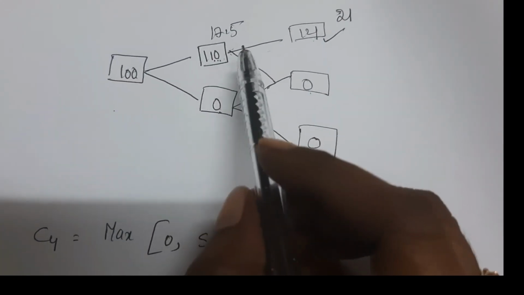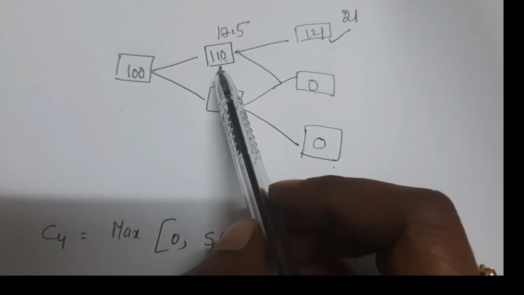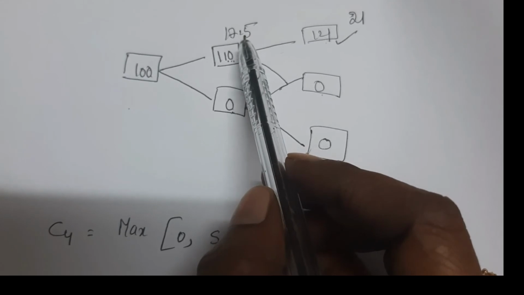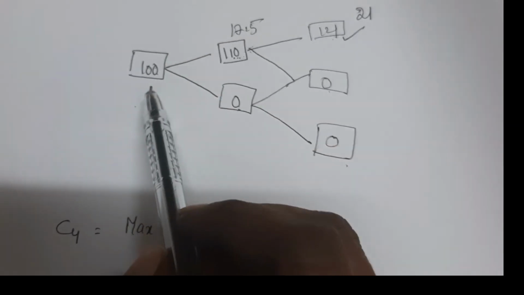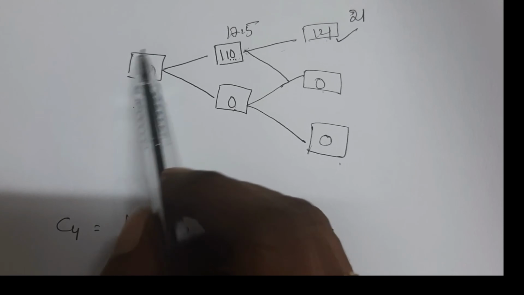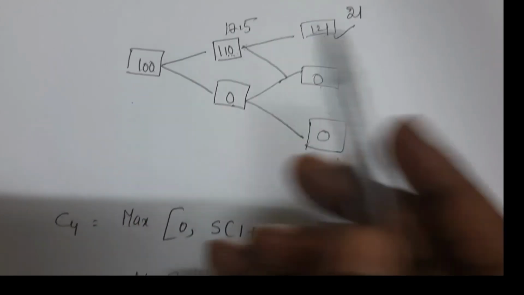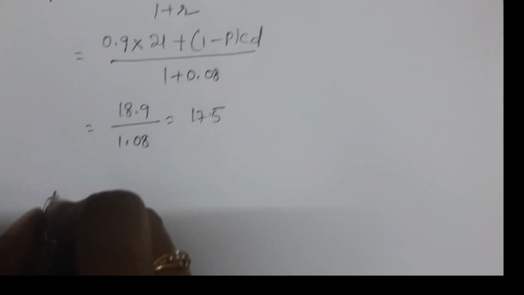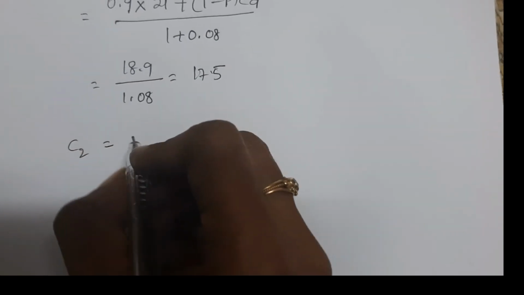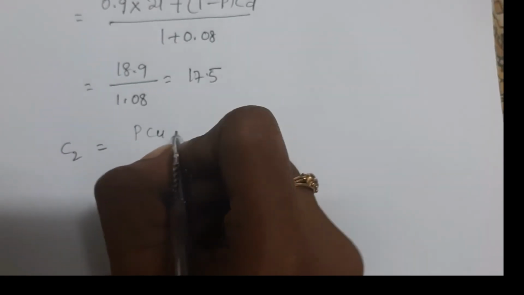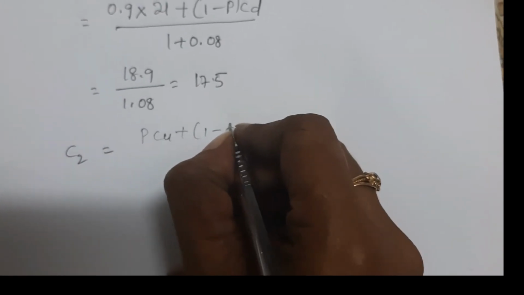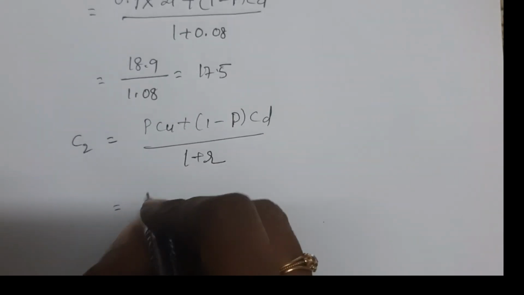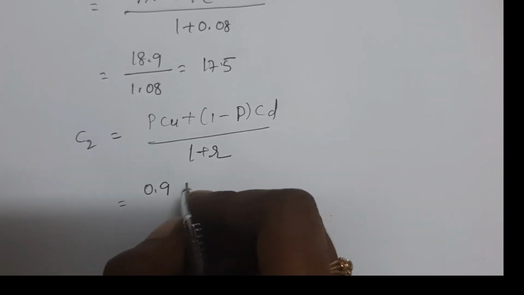If we buy the contract at this point of time, then we should pay 17.5. But we are trying to buy the contract at the initial stage, so we need to calculate the price at this stage. The same C1 formula is going to be applied here, but we write it as C2. C2 is equal to P into Cu plus (1 minus P) into Cd, divided by 1 plus R. P, that is the probability, is 0.9.